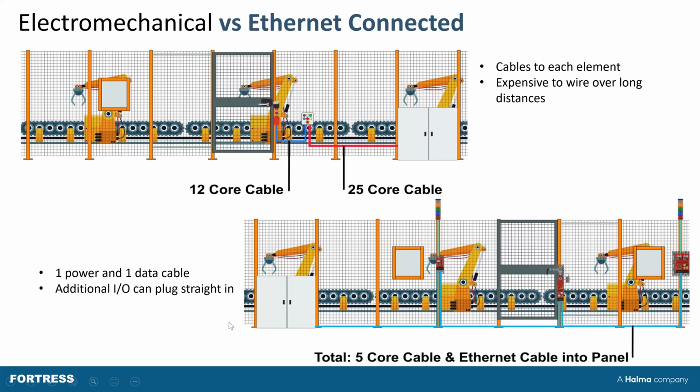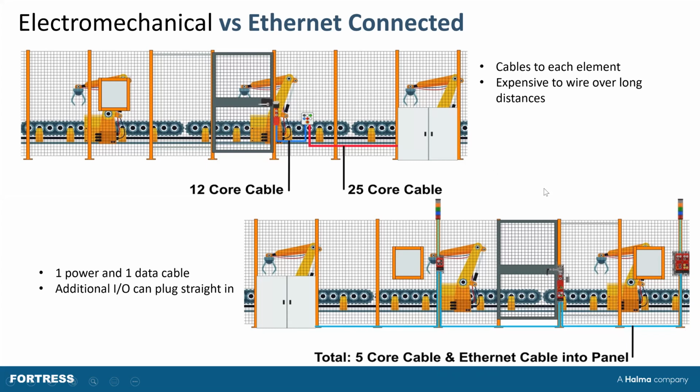However, if you've got Ethernet connected things, everything can plug into itself. You just get one power and one data cable, and you can run loads of stuff off that, and it's one nice little cable. So that can very quickly become a lot cheaper, depending on your application.